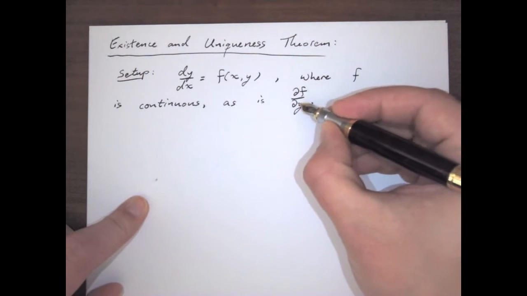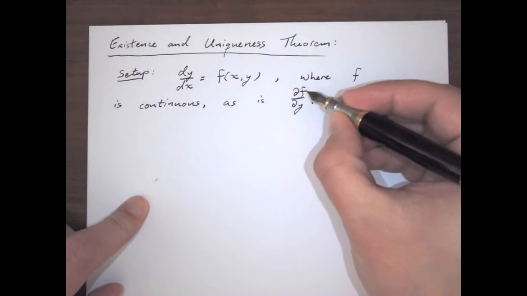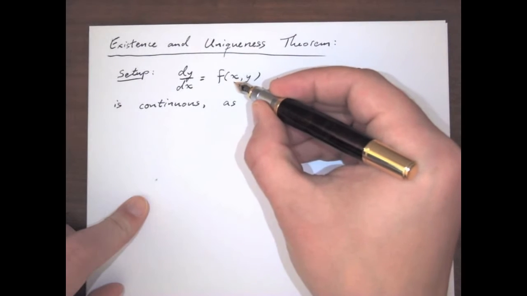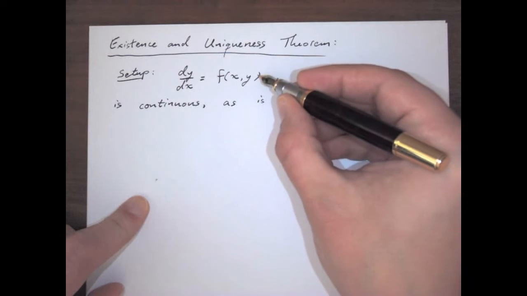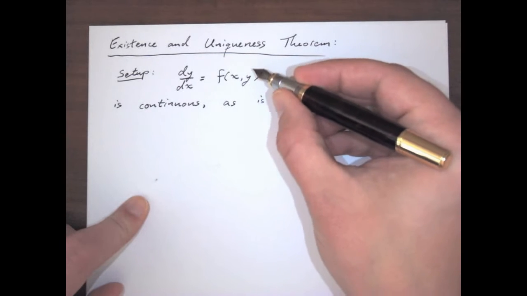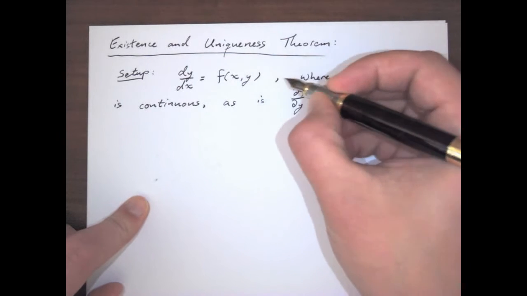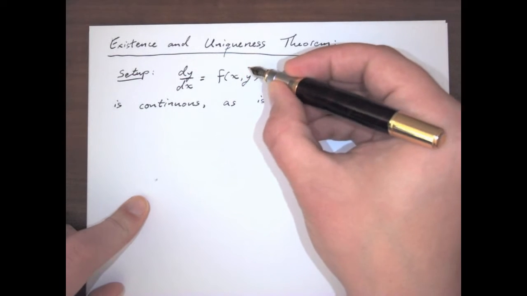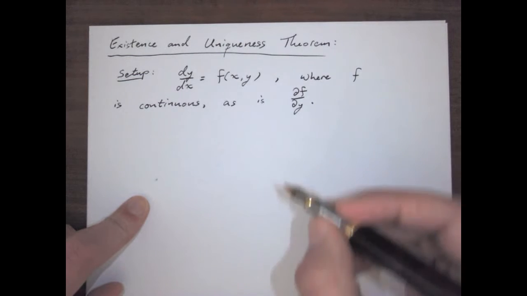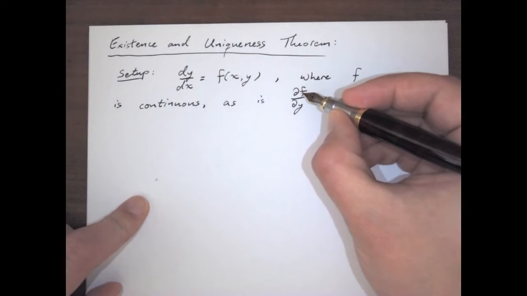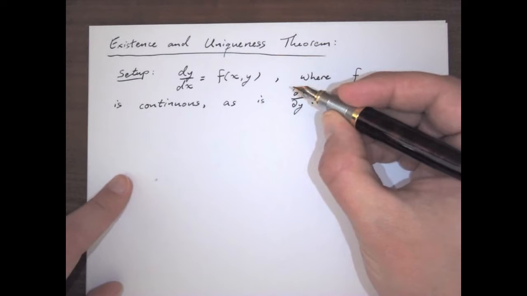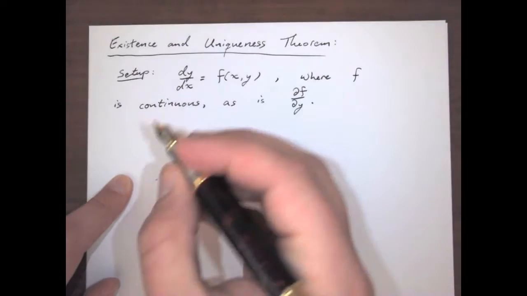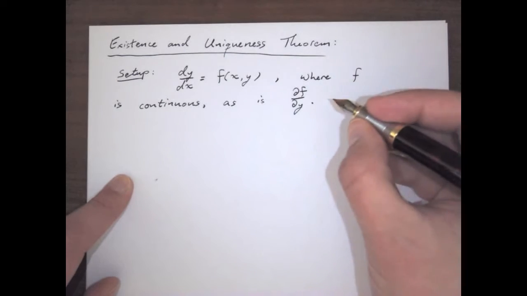Now, the partial derivative of f with respect to y is saying that if you were to hold x steady and change y slightly, that gives you the rate at which the function changes as just y is changed, and we're saying that that is also continuous. So there's going to be a smoothness to the changes, specifically in the y direction.